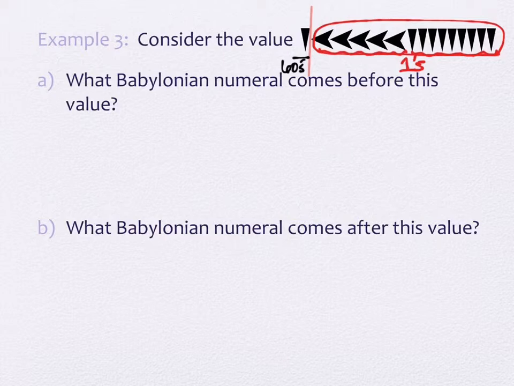Yep. You'd get rid of one of these. They're worth 1. Just take it away. Make sense? The number that comes before would have 1 fewer of those in it because they're worth 1.